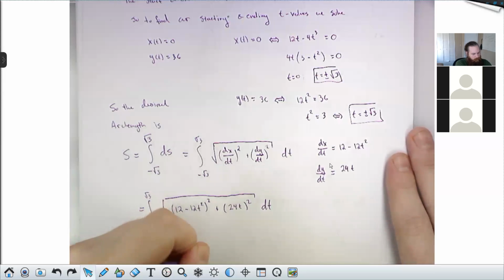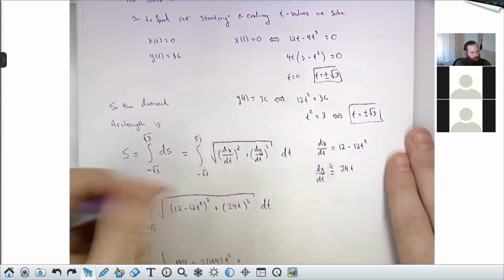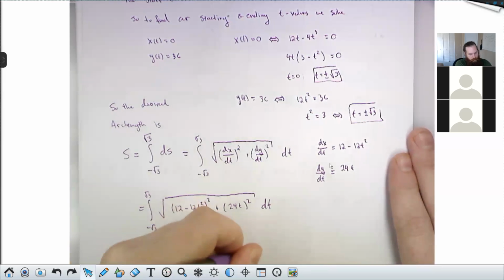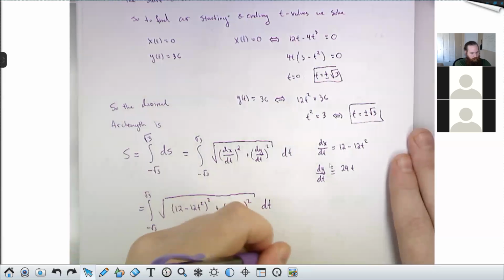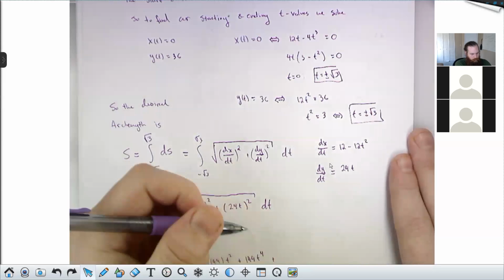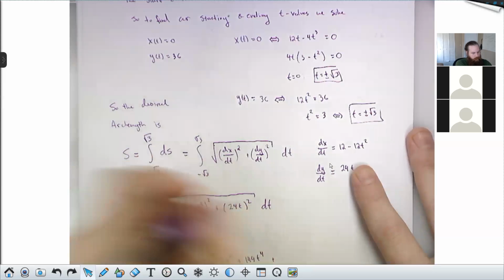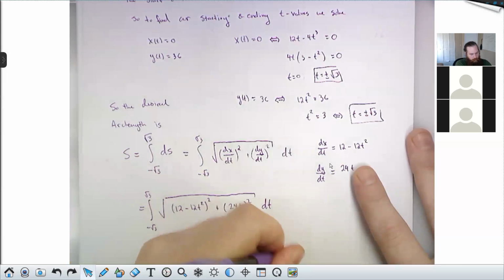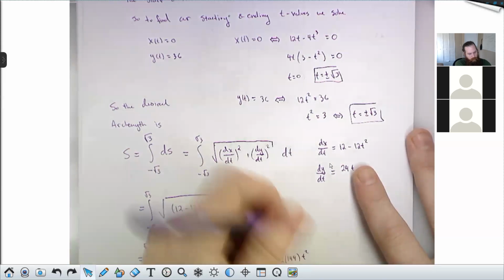So we'll have minus 2 times 144 t squared plus 144 t to the 4. That's that first piece. Plus 24, oh no, 24 squared. So that's 2 times 144 t squared. Okay, that is nice.